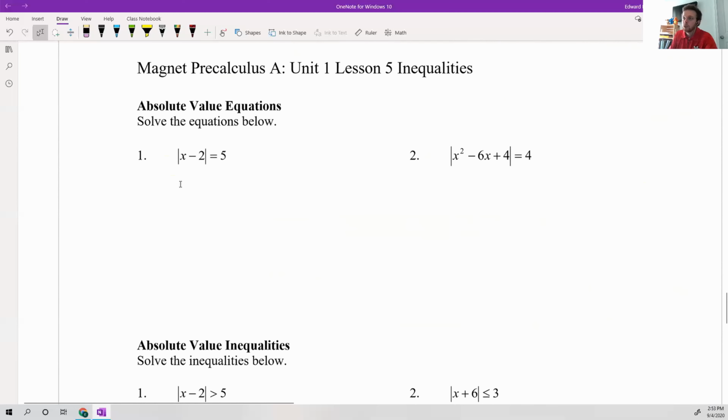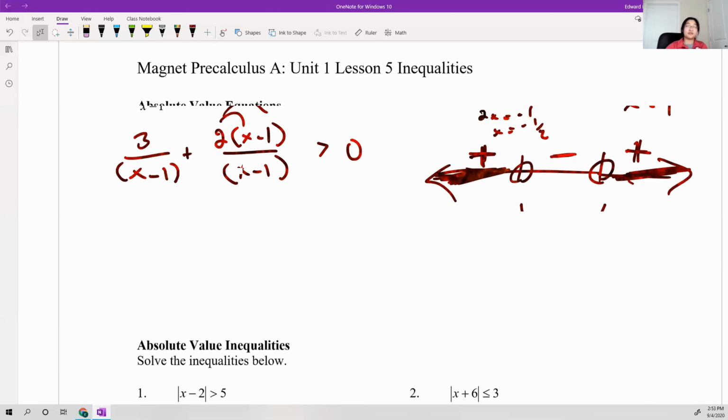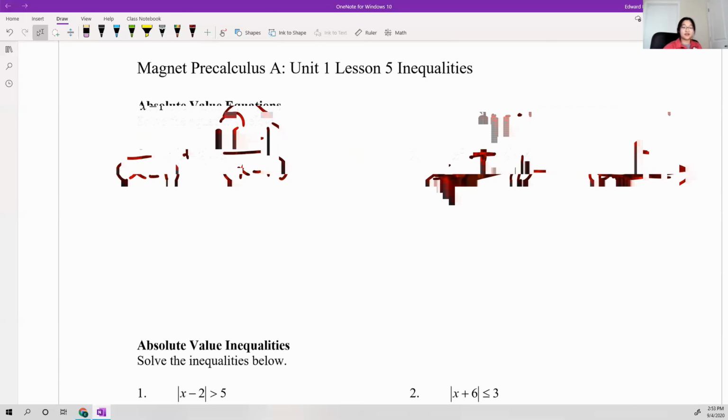So, looking at this equation right here, absolute value of x minus 2 is equal to 5. What do we need to think about? Well, we need to think about both the positive and the negative values for what that left-hand side could be, so that it equals 5.